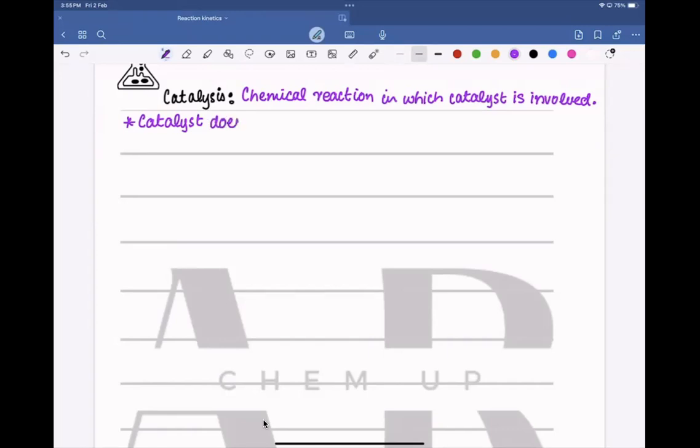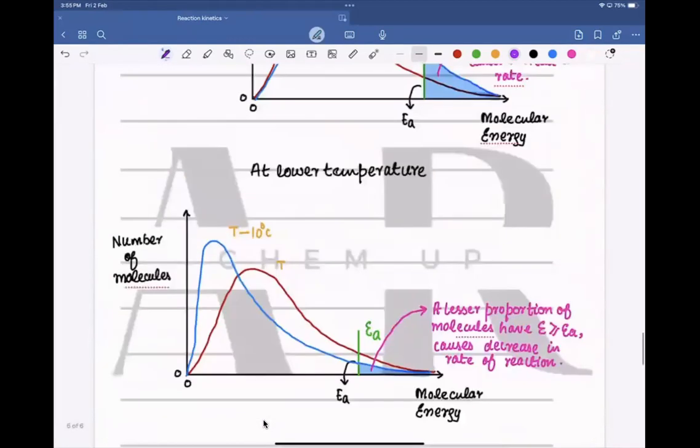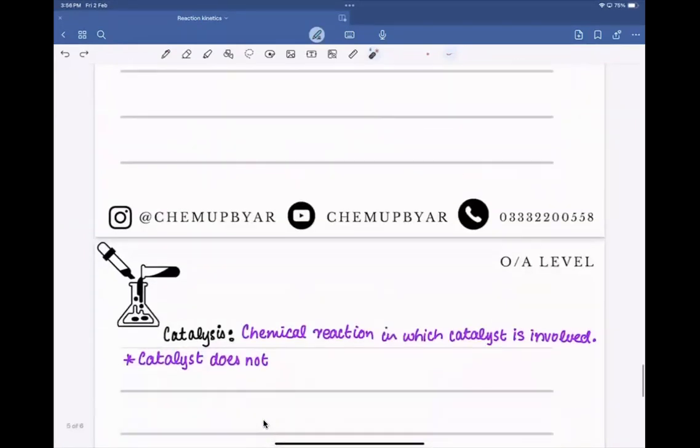It does not affect the shape. Only see what will happen right now. This is the activation energy. When we add the catalyst, this energy changes and now it will come over here. So due to this, there will be a greater proportion of the particles. The activation energy gets lower, but the shape doesn't change, okay?